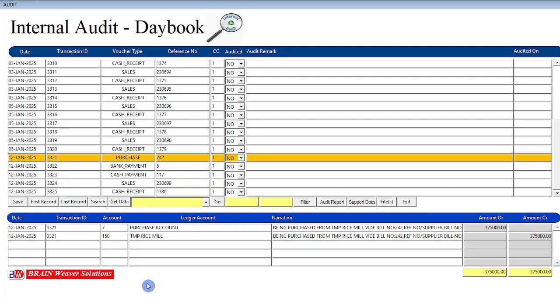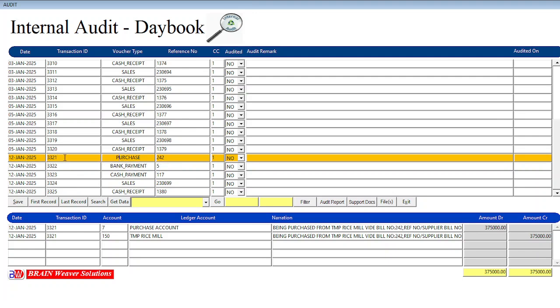Suppose during the audit, the internal auditor wants to audit the supporting documents of this specific voucher, transaction ID 3321, purchase.